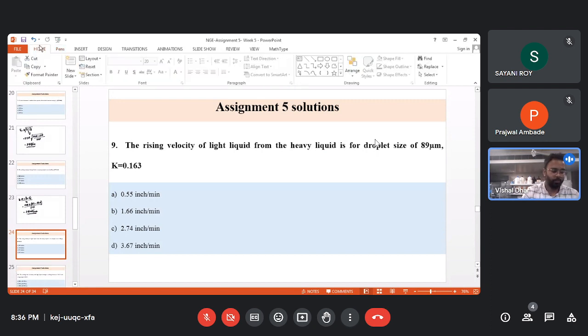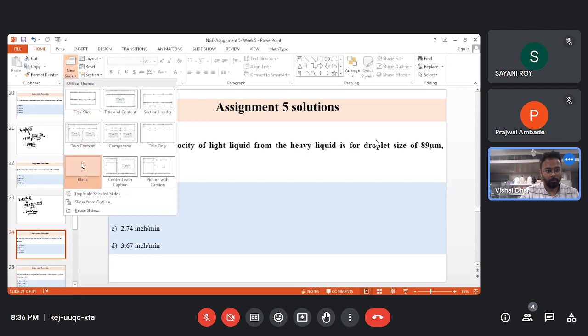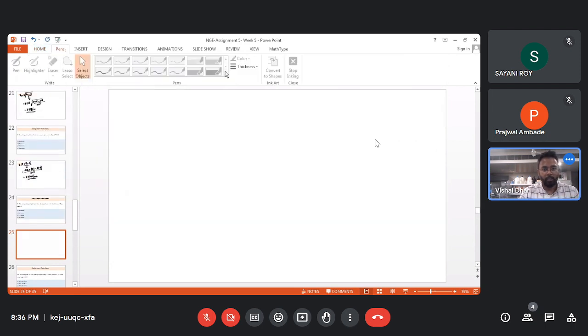Okay, let me solve this one. These questions are all based on very short formulas, and there are good chances that they may come in your exam.